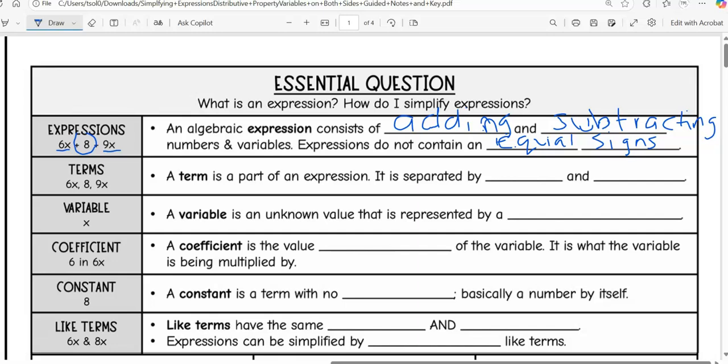Now we're going to look at terms. Terms are the number and the letter, or just a number, but usually they're separated by adding and subtracting. A variable is an unknown value that is represented by a letter.